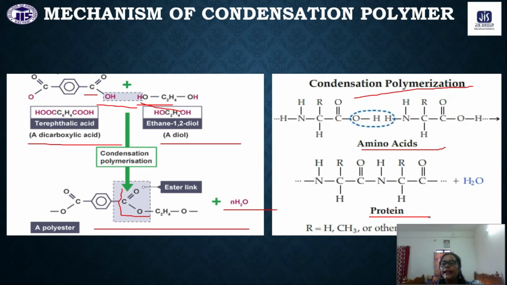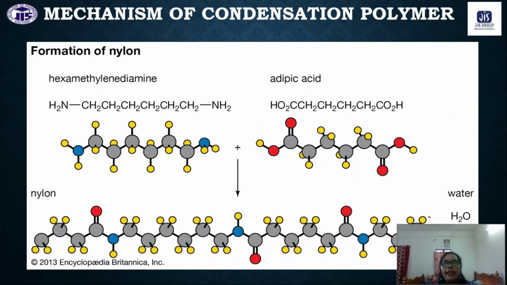So generally in protein we have the amino acid linkage. That means the basic moiety is carboxylic acid, and one amine group we should have. Okay, and this is another example of nylon.